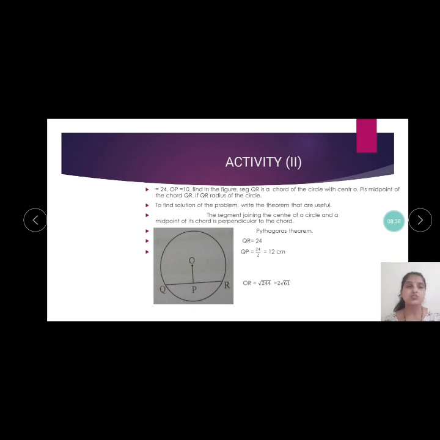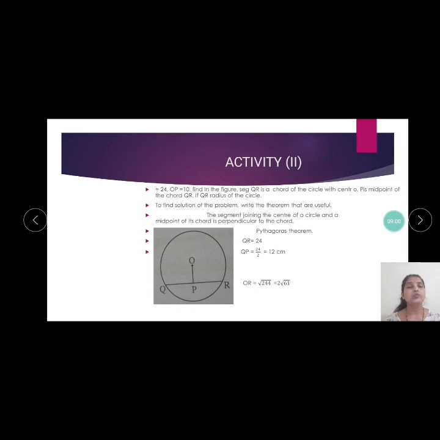So OR square is 244, so OR will be under root 244, which is equal to 2 under root 61. OQ will be equal to OR as they are radii of the same circle. Therefore, the length of OQ will also be equal to 2 under root 61.